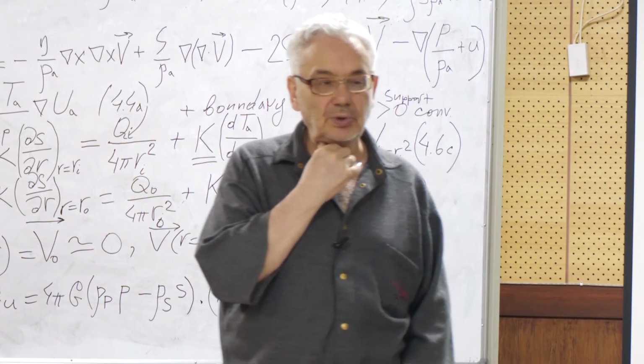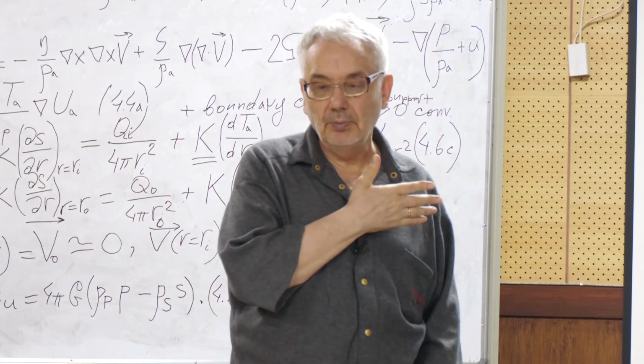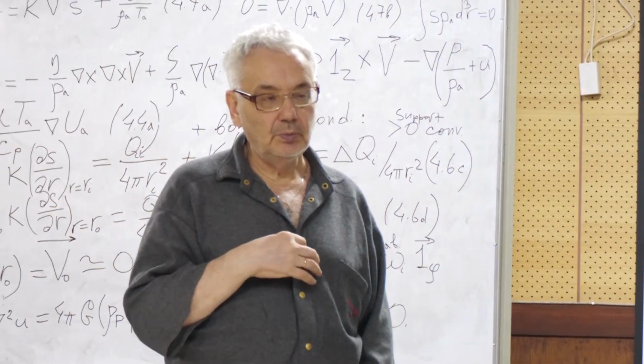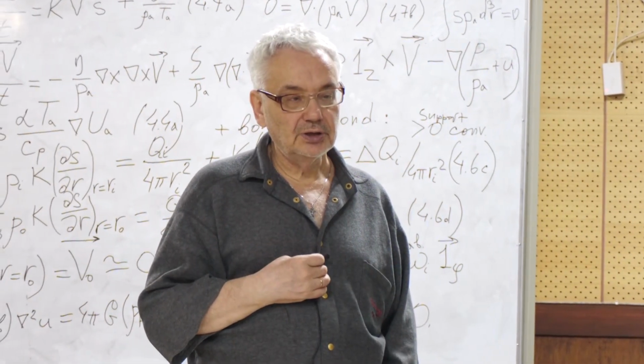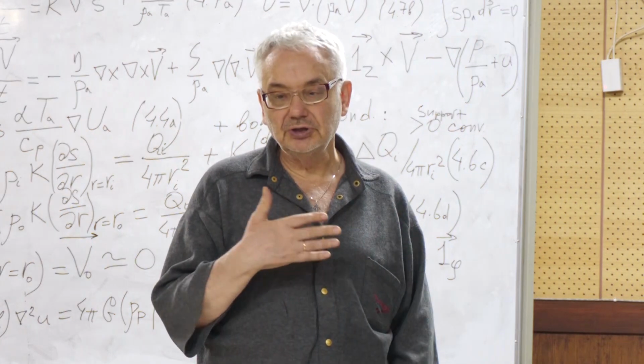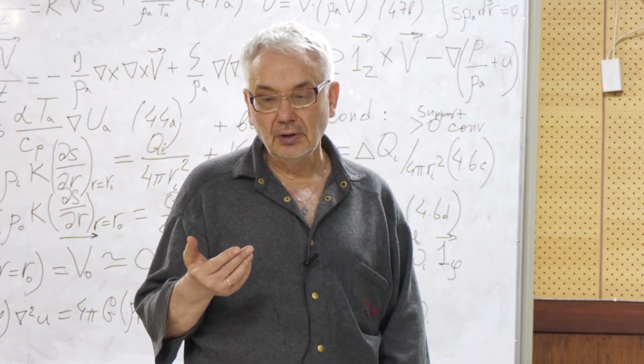It's maybe not the right way, because at least in this problem, maybe another problem works another way, but in this problem the major essence is that everything is near the adiabatic state.